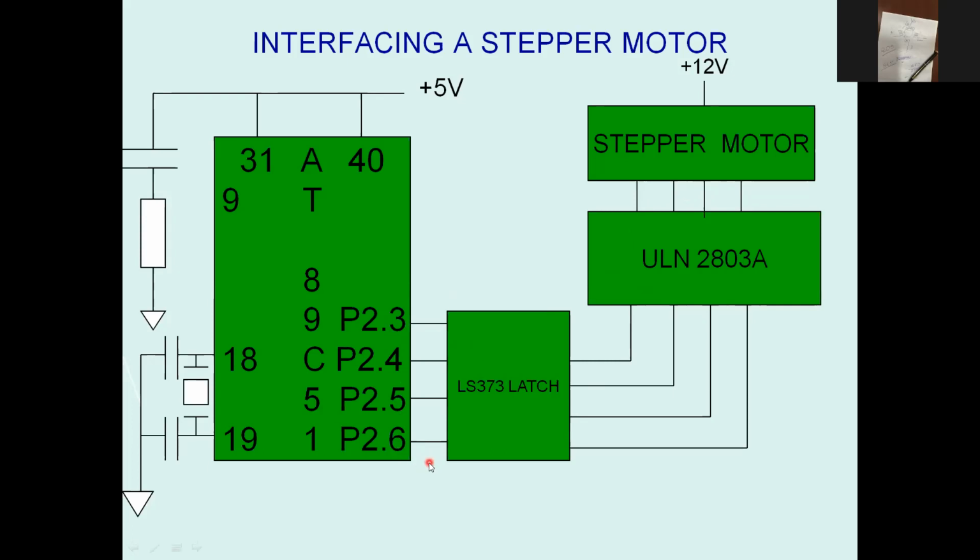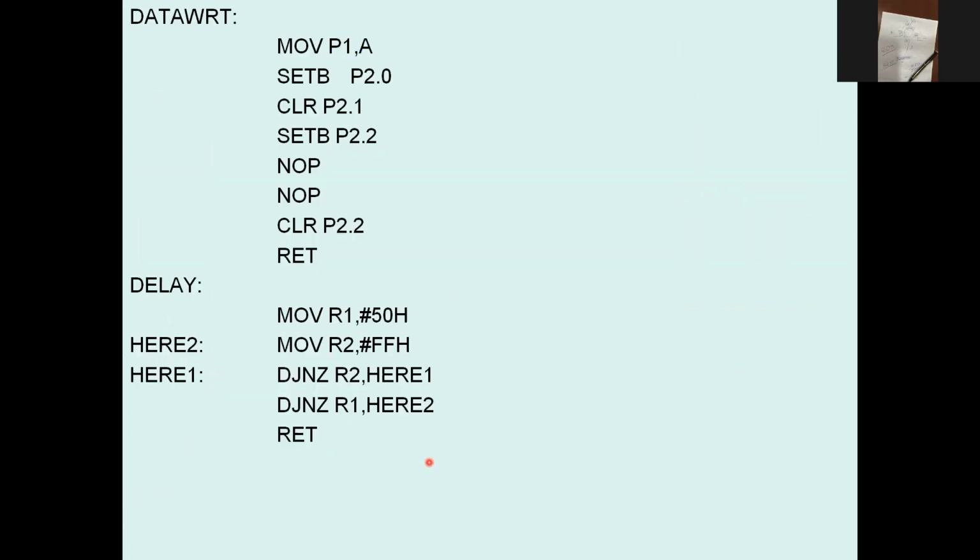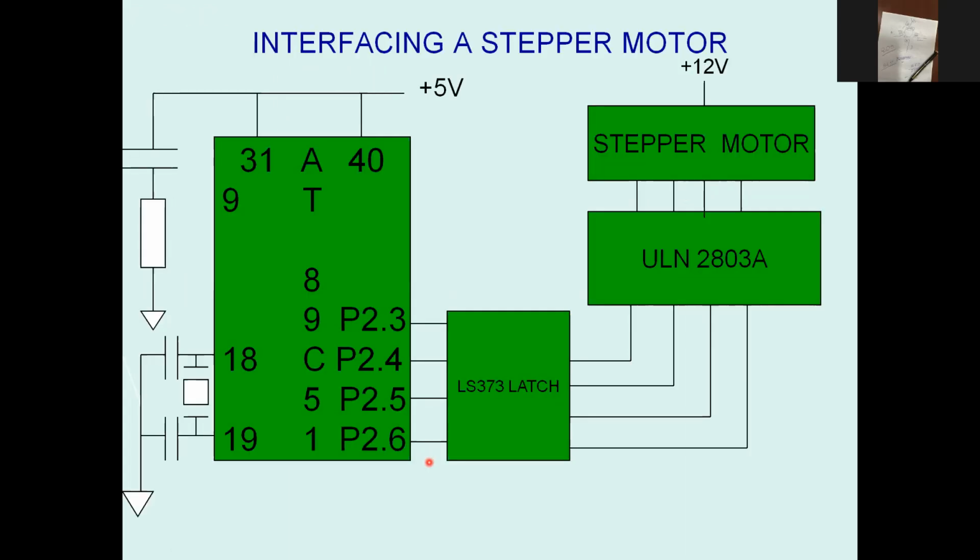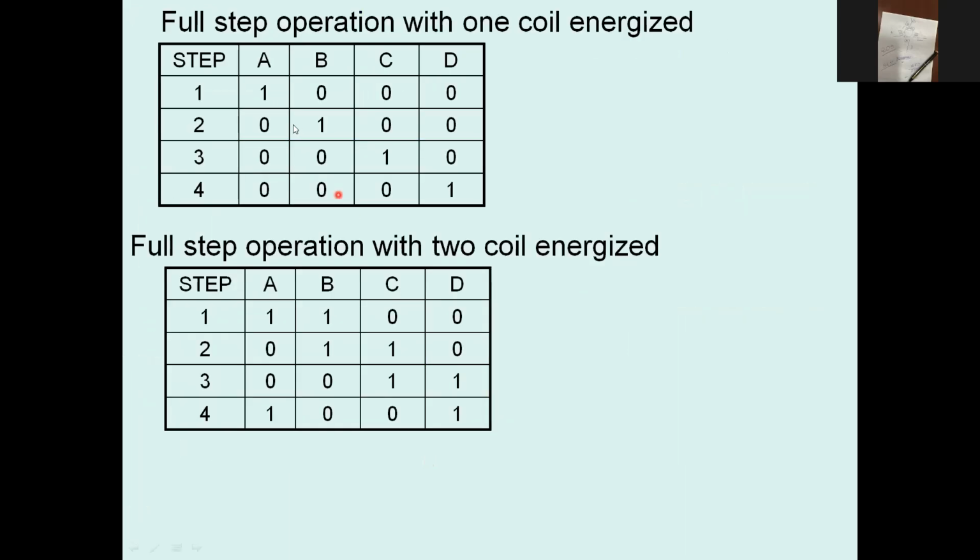So what will be the values we will give if we are doing the one coil energized method? If we are doing the one coil energized method, these are the values for A, B, C, D. Very good. If I am giving A, B, C, D like that, first is 1, 0, 0, 0, then 0, 1, 0, 0, right?